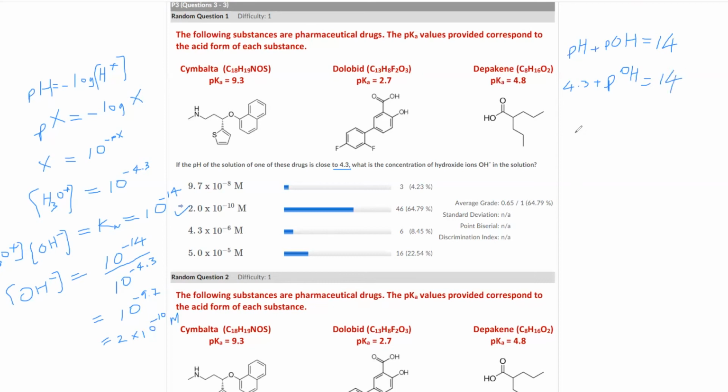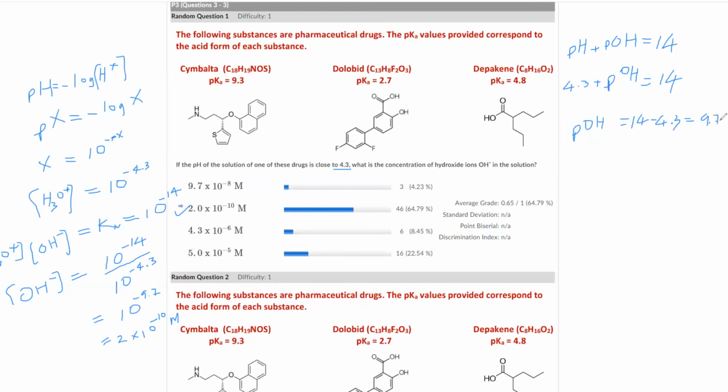Now pOH is equal to 14 minus 4.3, which is 9.7.